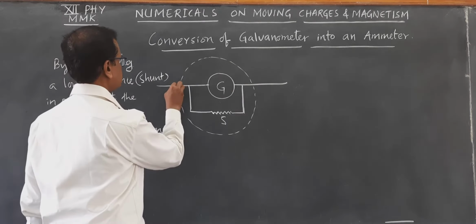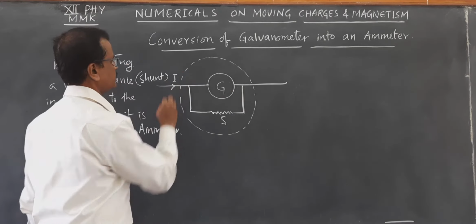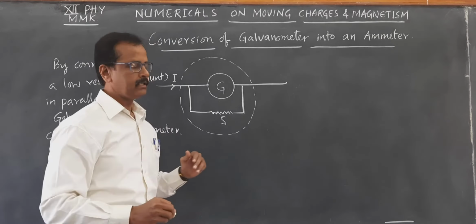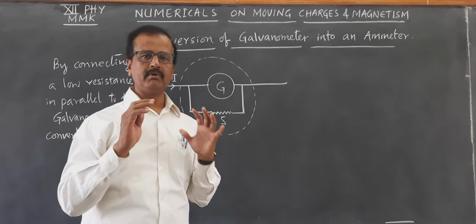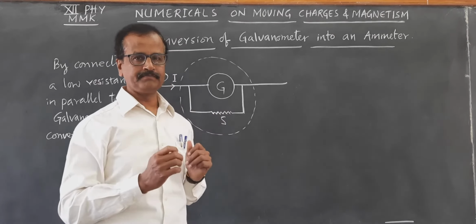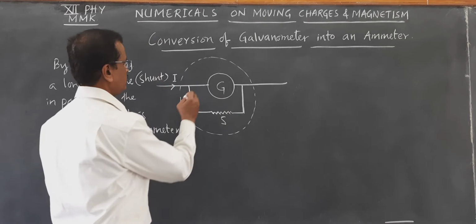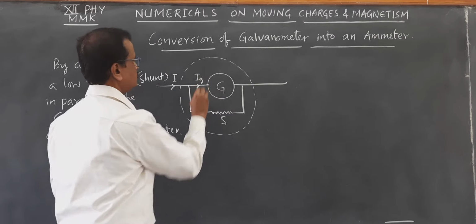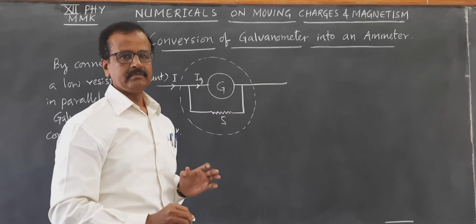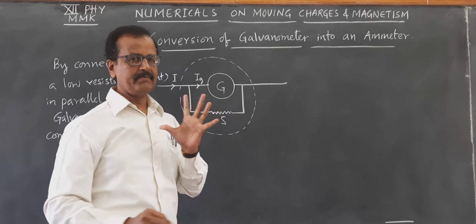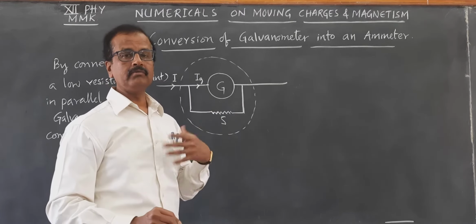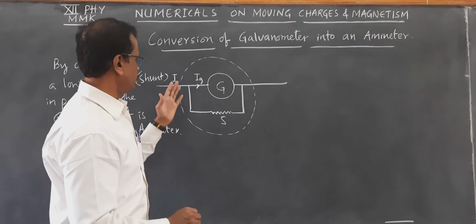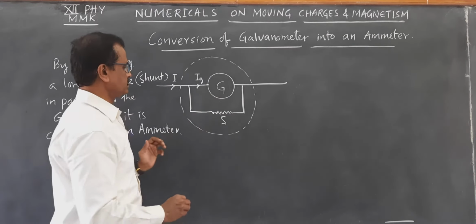Suppose I is the total current flowing through the circuit, and this ammeter should be able to read this entire current I. Then the current through the galvanometer is a limited current, which we call Ig, because a galvanometer has a limitation. It cannot respond to more current, therefore it has a limited current Ig.